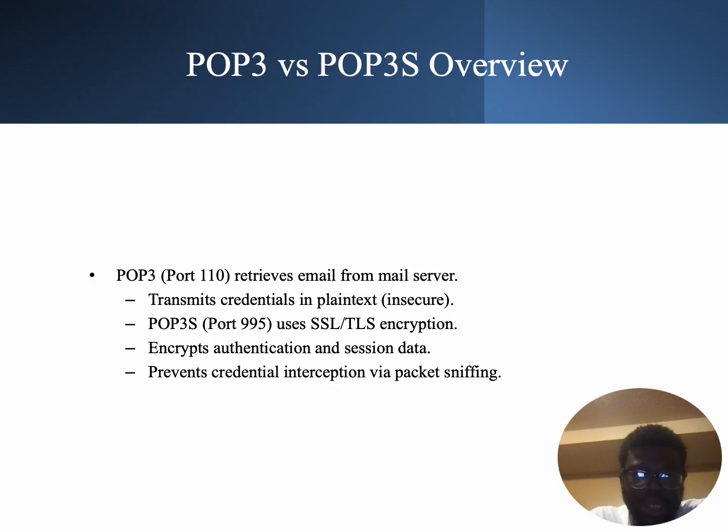It encrypts authentication and session data, and it prevents credential interception via packet sniffing. So this is the overview of POP3, which is port 110. On to the next slide.